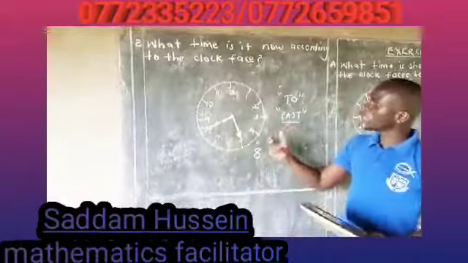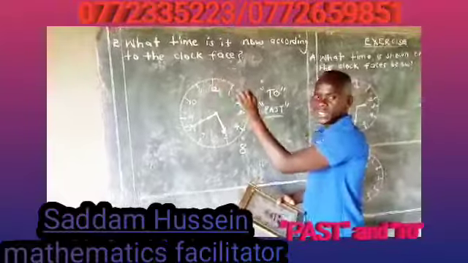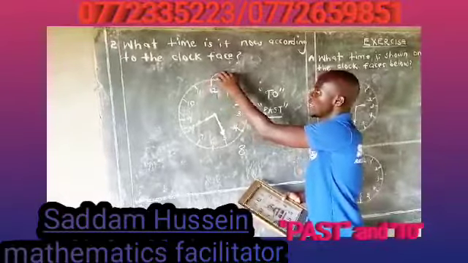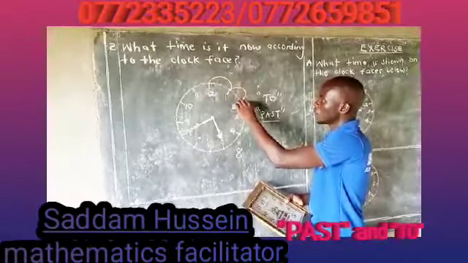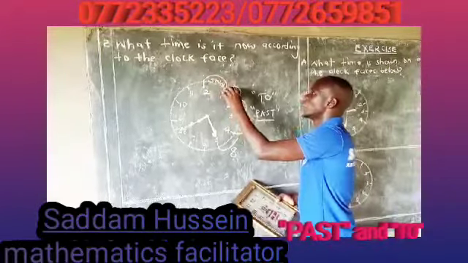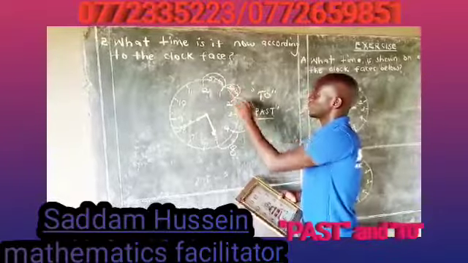Then we come to the minute hand. The minute hand, remember I told you that you look at from 12. 12 is the starting point. When you move here, this is 1, 2, 3, 4, 5. This one is pointing where there is 5. And from 12 to 1, I told you is 5 minutes. And 1 to 2 is also 5 minutes.